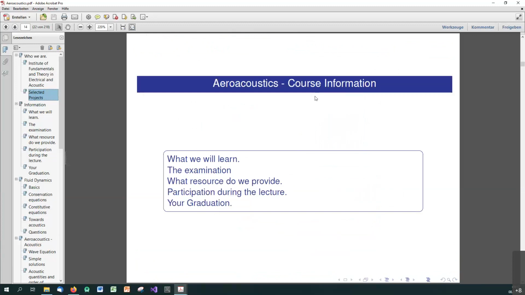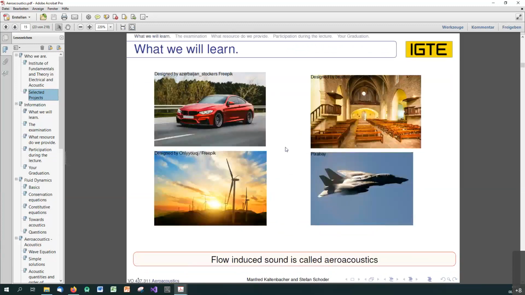Okay, so the aeroacoustics course content will be about flow-induced sound, and it's called aeroacoustics.